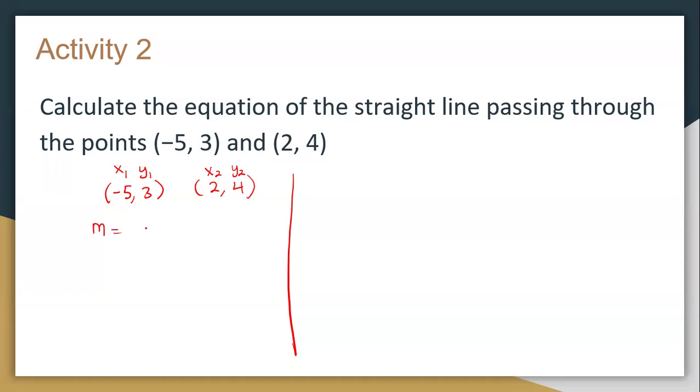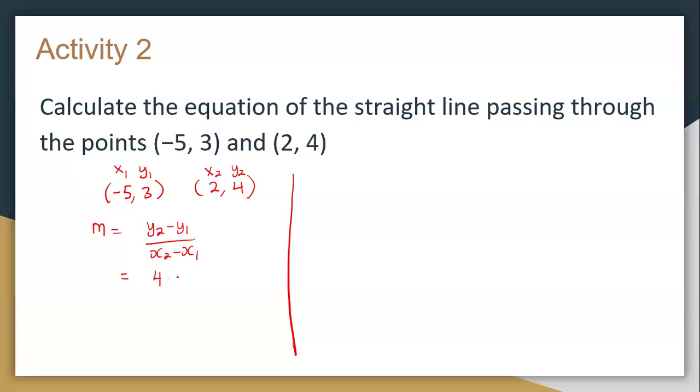And we said that our gradient m is given by y2 minus y1 out of x2 minus x1. But I remember telling you that it will depend on the book you are using. In some books, you may find them writing y1 minus y2, x1 minus x2. Still, it's the same thing, and you get the same answer.